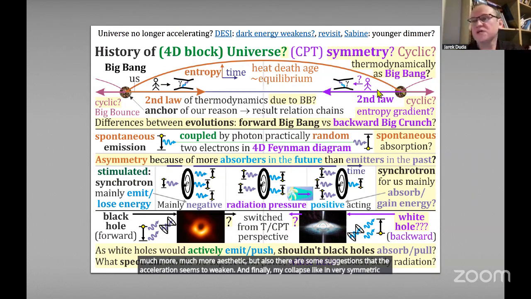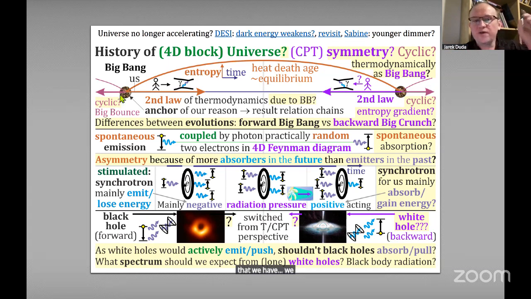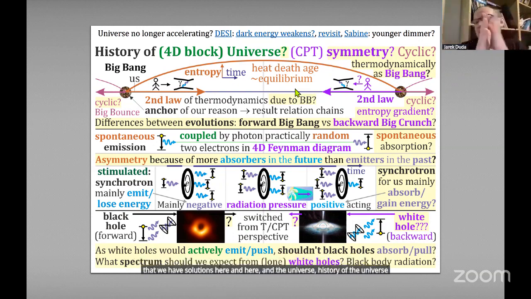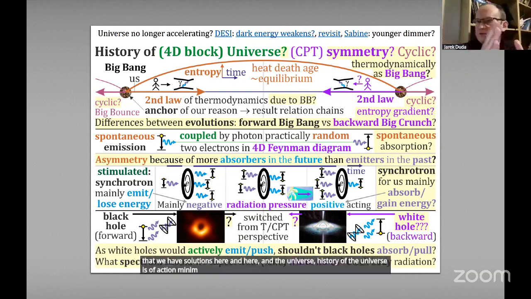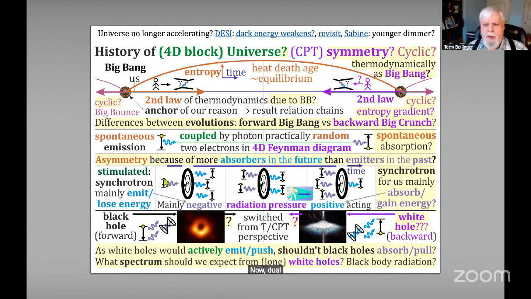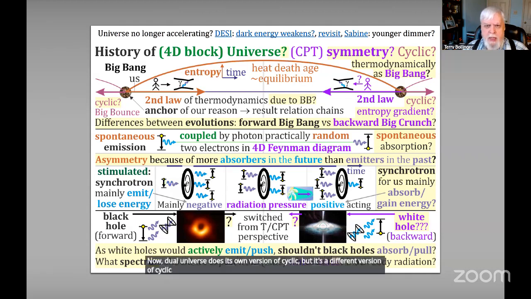So we can use this least action principle with Feynman ensembles to get a solution. We have the boundary conditions here and here, and the history of the universe is a result of action minimization between these boundary conditions, or the Feynman ensembles. Now, dual universe does its own version of cyclic, but it's a different version with a different higher dimensional thing. Eventually, the two universes curve back and collapse into each other again.